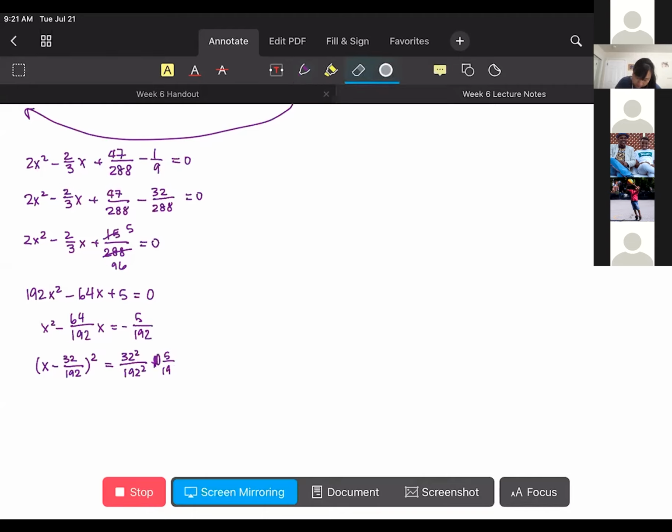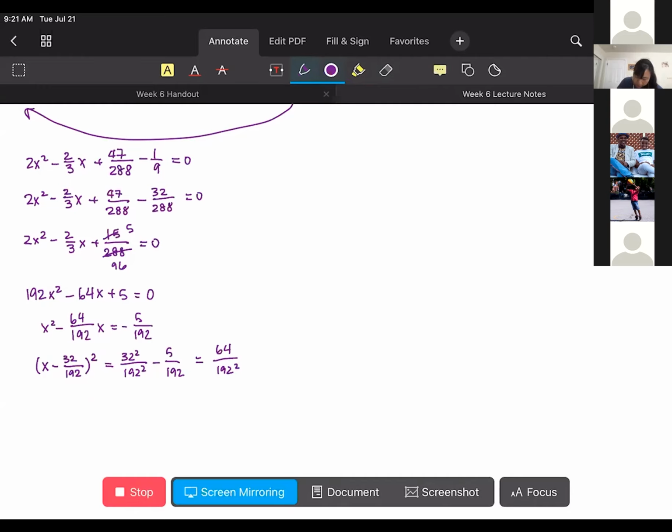Cool. So the square root of that side of the equation is 32 over 192 plus or minus root of 5 over 192, which equals x minus 32 over 192.